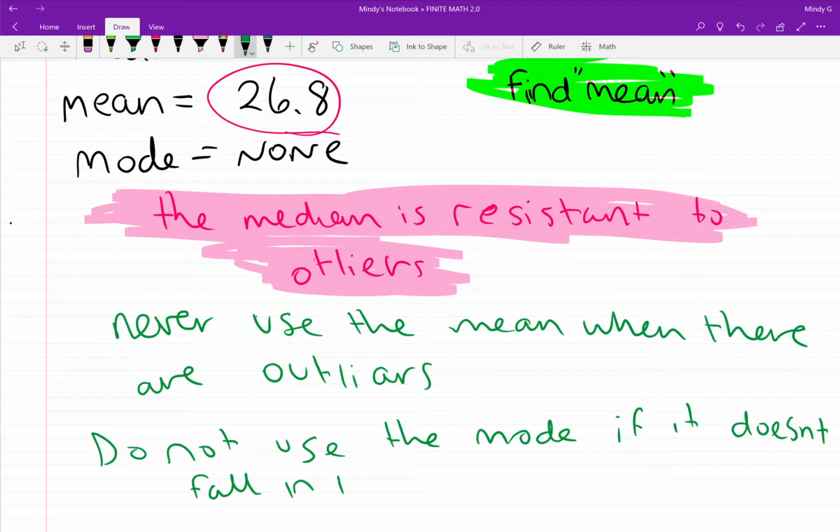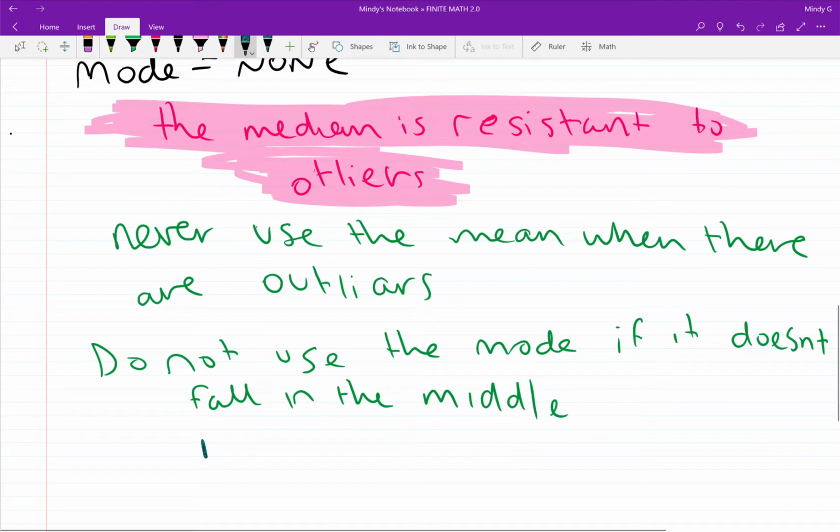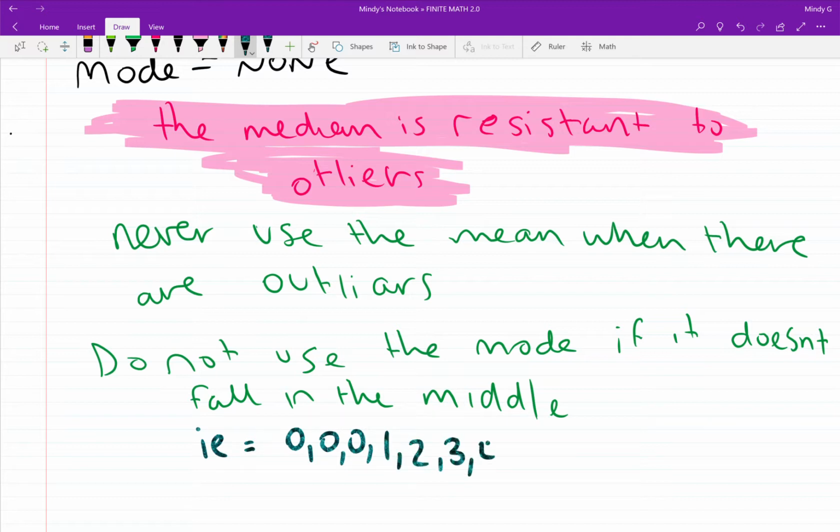I'll give you an example of that. Let's look at these data values: 0, 0, 0, 1, 2, 3, 4, 5, 6.